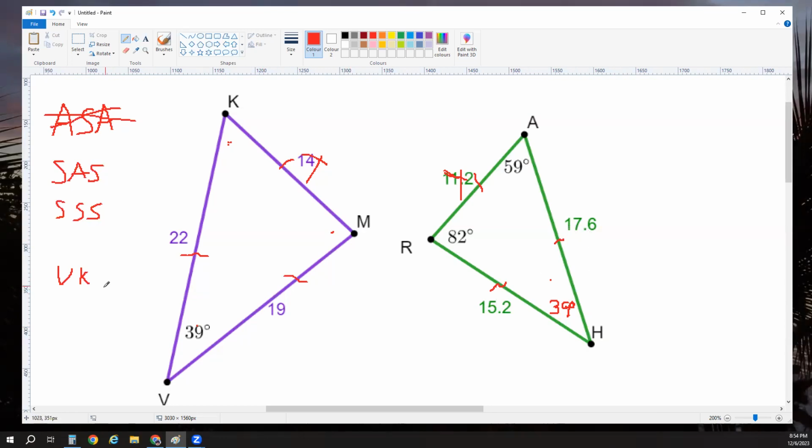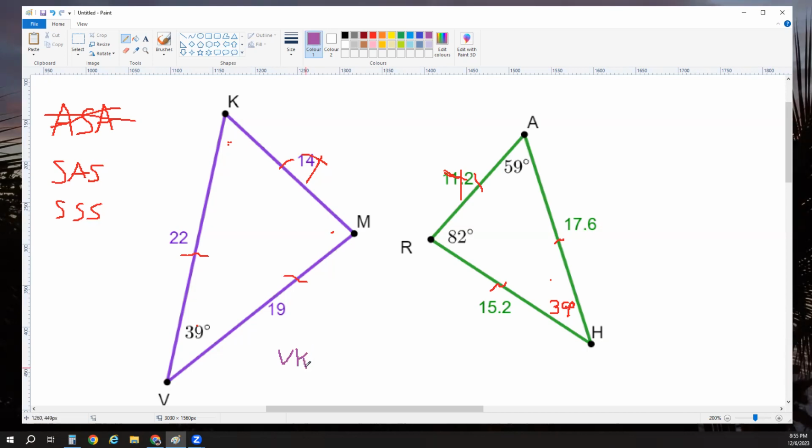Right, so V and K, we go with, I should make these colorful, huh? So VK, we do it in the middle.